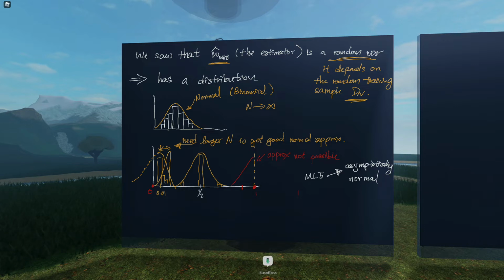This is not a coincidence. This property holds for the MLE, the maximum likelihood estimator, of something called regular models. We shall define the Fisher information matrix to see what regular models are.